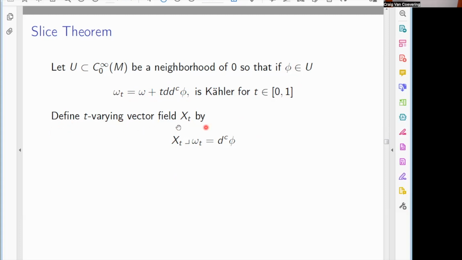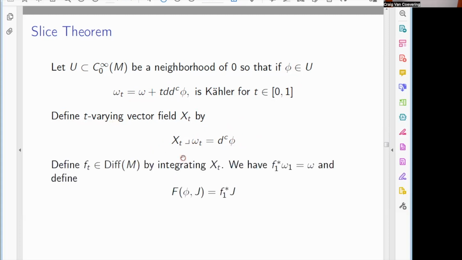This is like Moser's argument, and you get the t-varying vector field as follows. Then by integrating the t-varying vector field, you get a diffeomorphism which takes omega 1 back to omega.